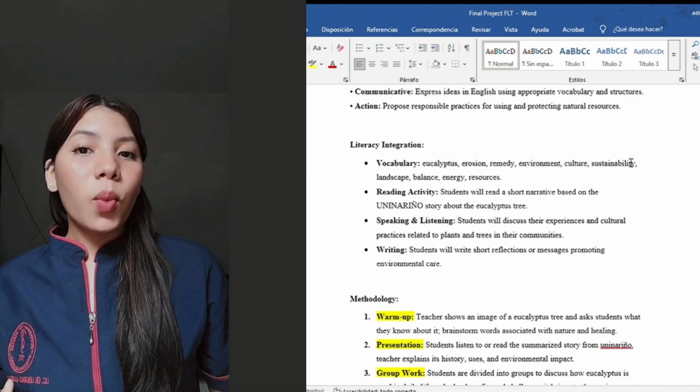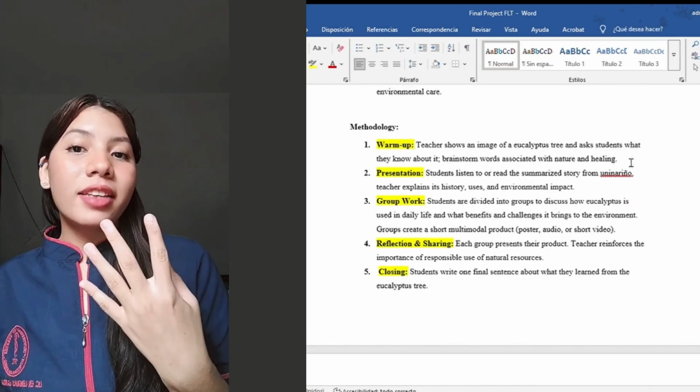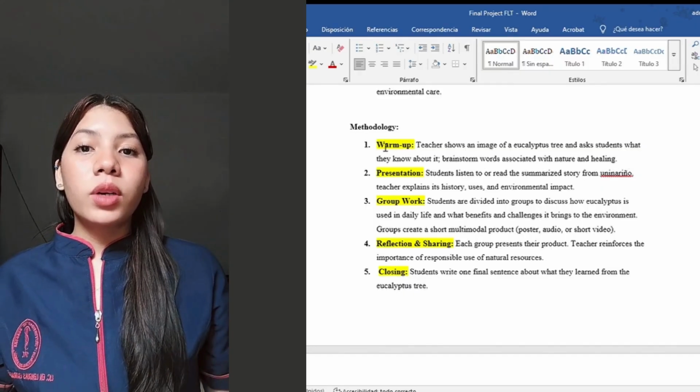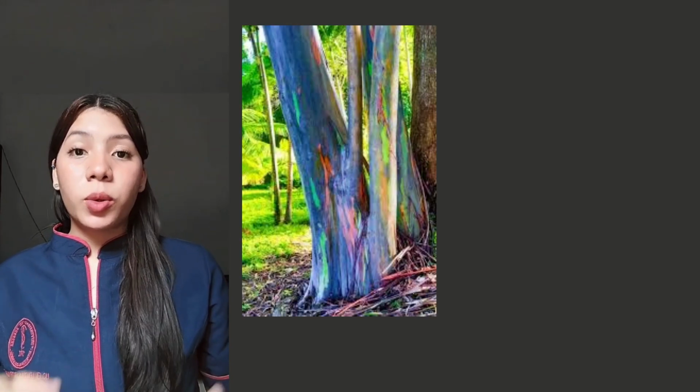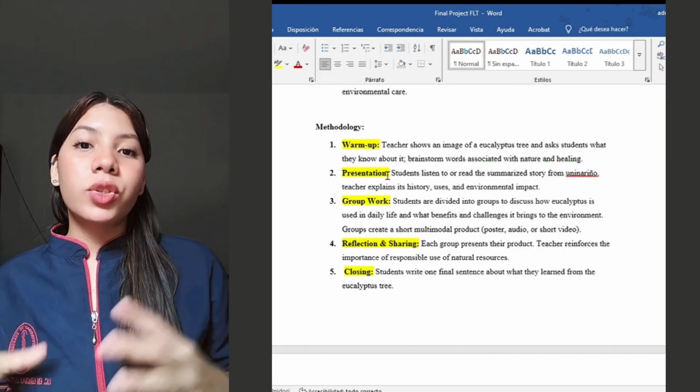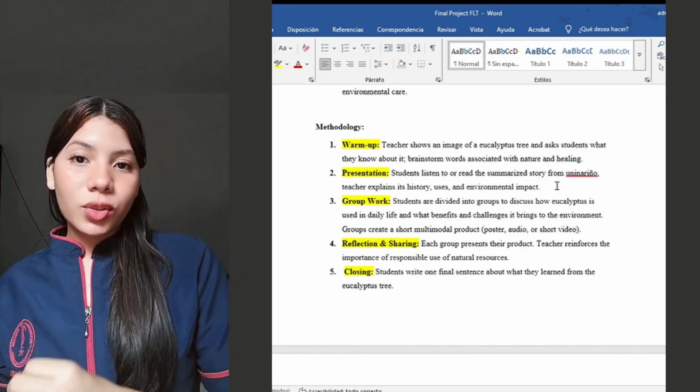The lesson that we created includes 4 stages. First, a warm-up with pictures of the eucalyptus tree to brainstorm ideas. Second, reading or listening to the story created by Uninariño students.